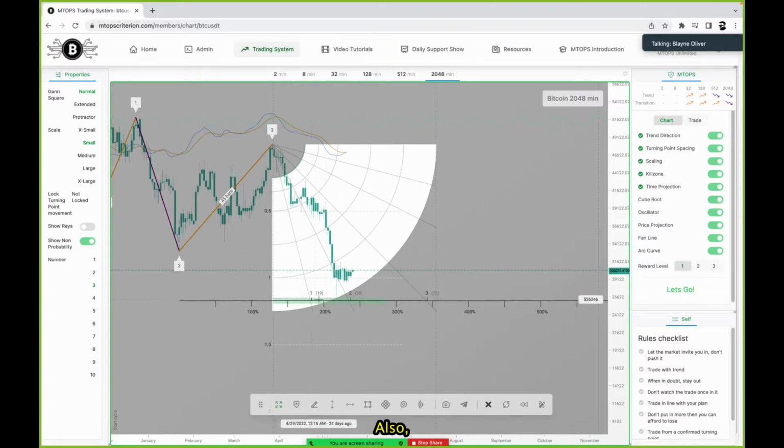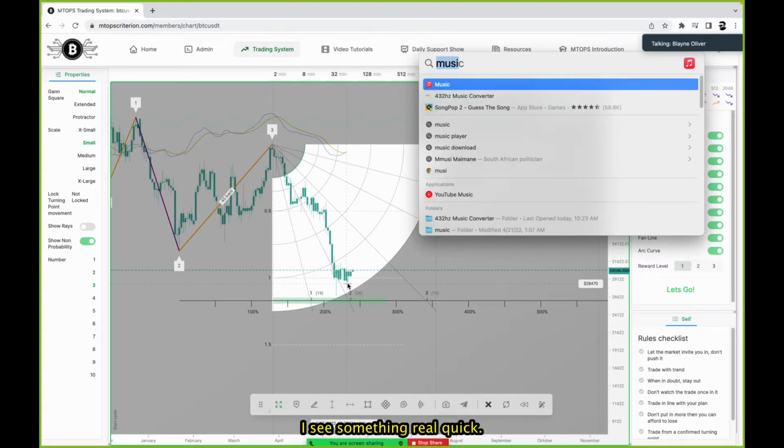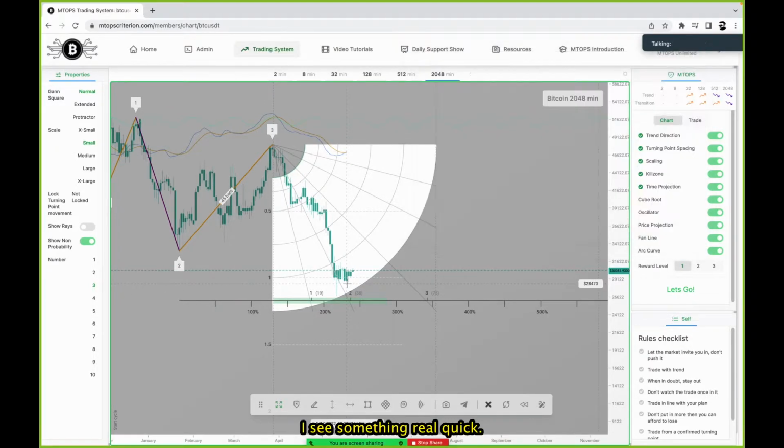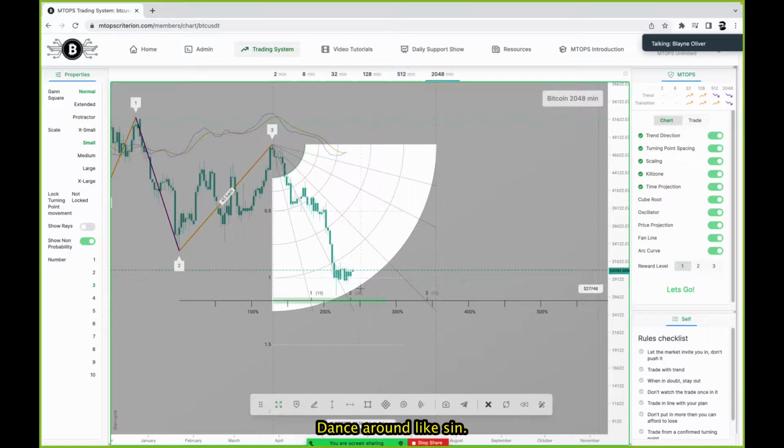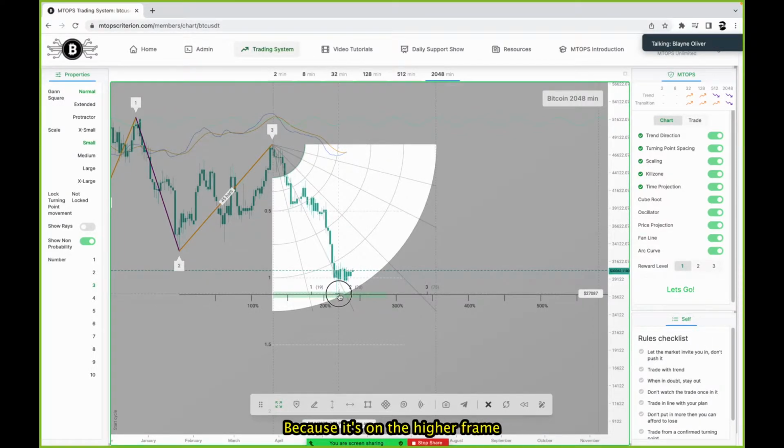So actually I also want to see something real quick. Okay, so around about 10. Okay, so what happened here is that because it's on a higher frame, it actually landed up in the middle, I would say, between option 1 and option 2 of the cube root, which works for me.